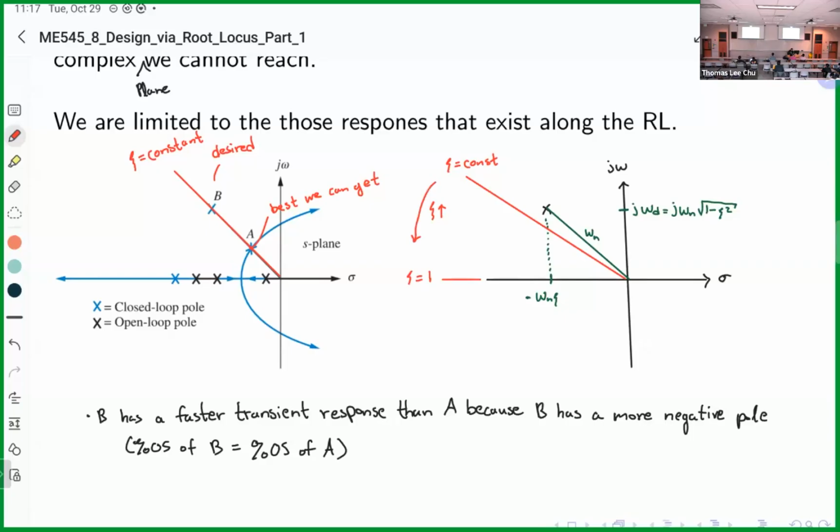Now the other relationship that's useful is if I draw a circle.